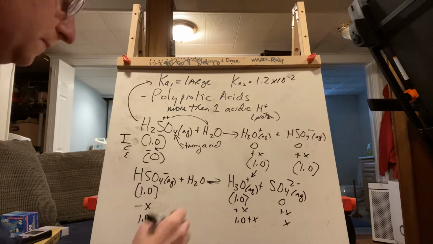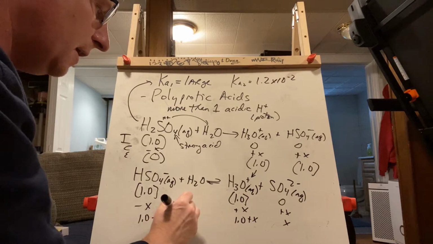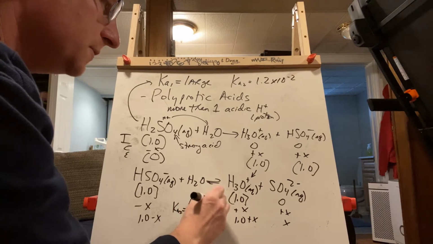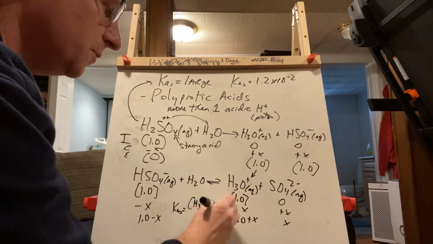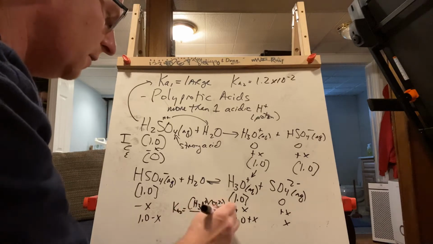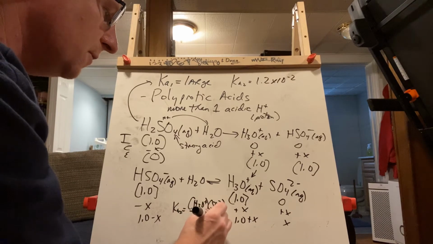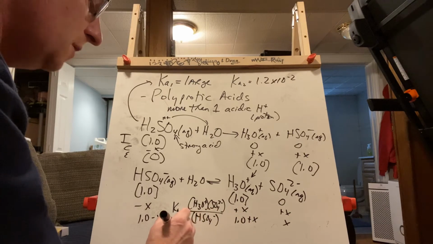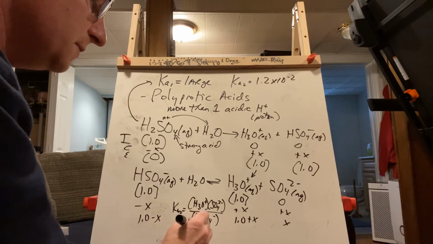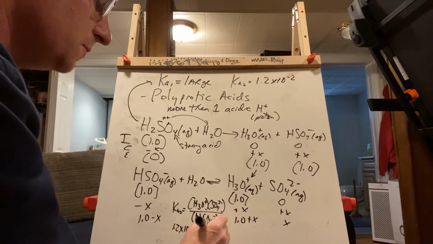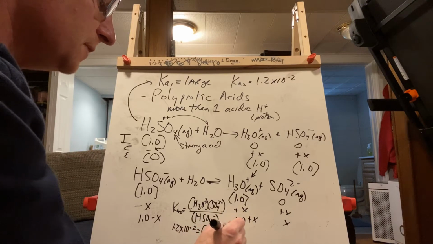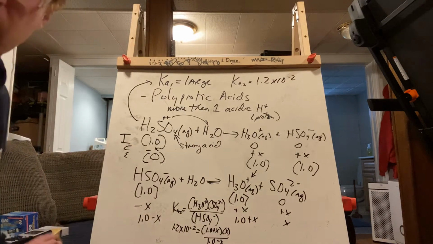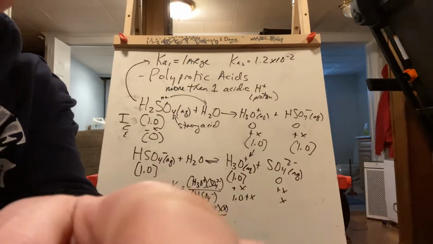So Ka2 is equal to H3O+ times SO4 2- all over HSO4-. And we plug in these numbers: 1.2 times 10 to the negative 2 equals (1 plus x) times x over (1 minus x). Hopefully I'm getting that there.